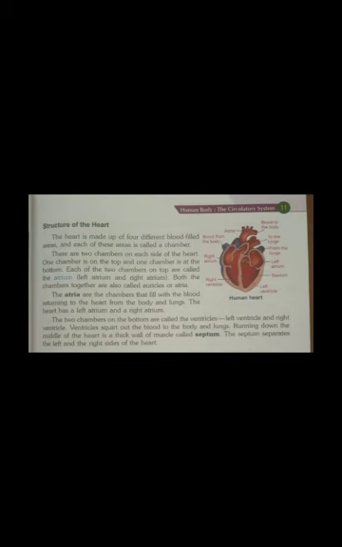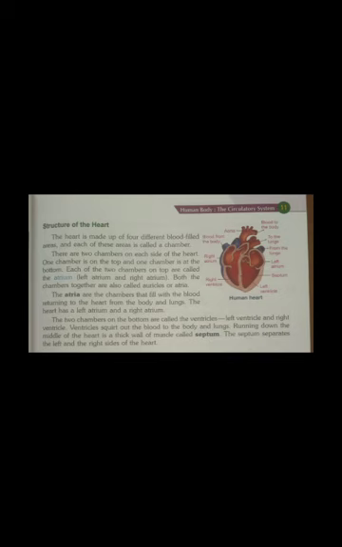From here the purified blood, the oxygenated blood, the blood which contains more oxygen and all the nutrients, is pumped from the ventricles to other parts of the body.